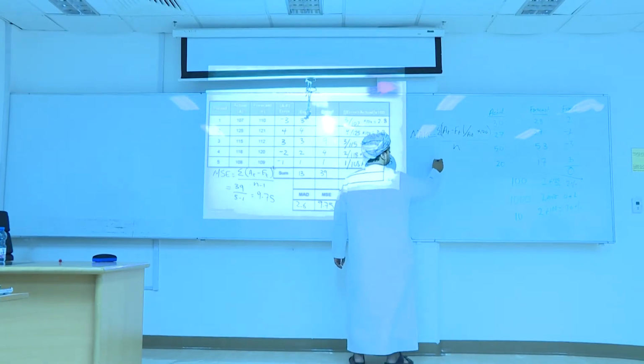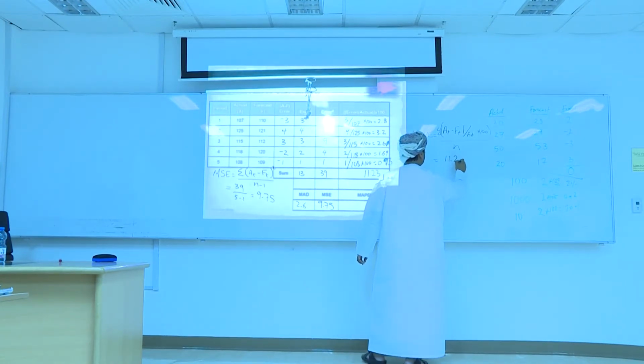So this whole thing, we have it how much? 11.23. The numerator divided by n, which is 5. That will give us how much? 2.255.